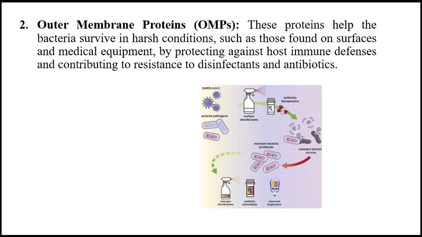They make it hard for medicine to enter the bacteria and help Acinetobacter to survive or live on hospital beds, medical equipment, and surfaces. Also, your body tries to kill bacteria, but outer membrane proteins help the bacteria hide or resist immune attack.